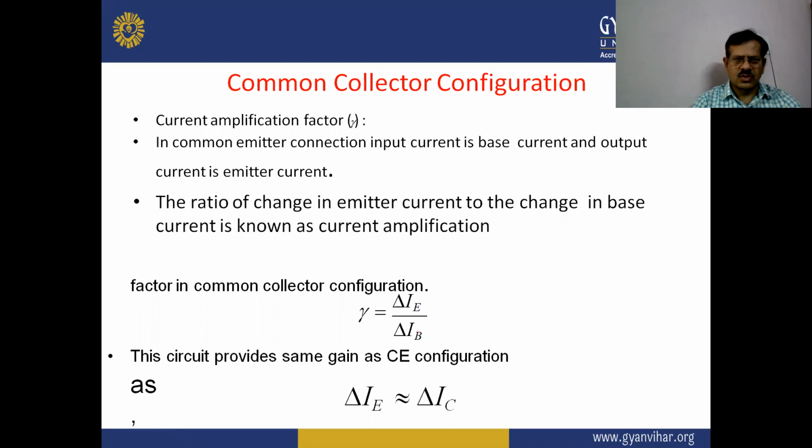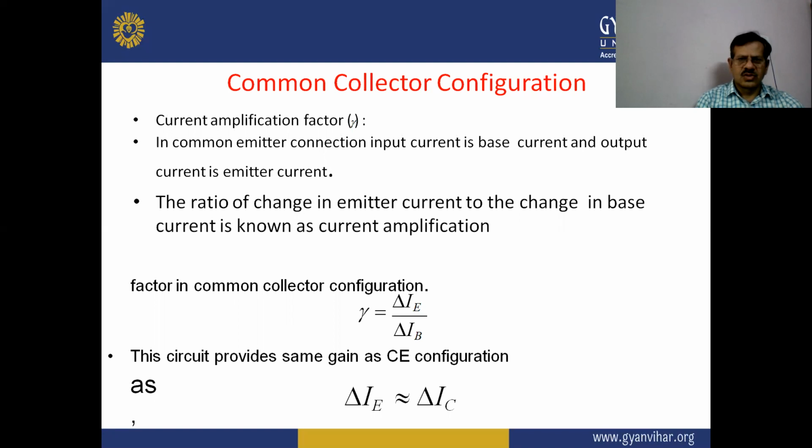The ratio of change in emitter current to the change in base current is known as the current amplification factor gamma. So the factor in common collector configuration, gamma, equals the change in output current, or emitter current, to the change in input current, or base current.